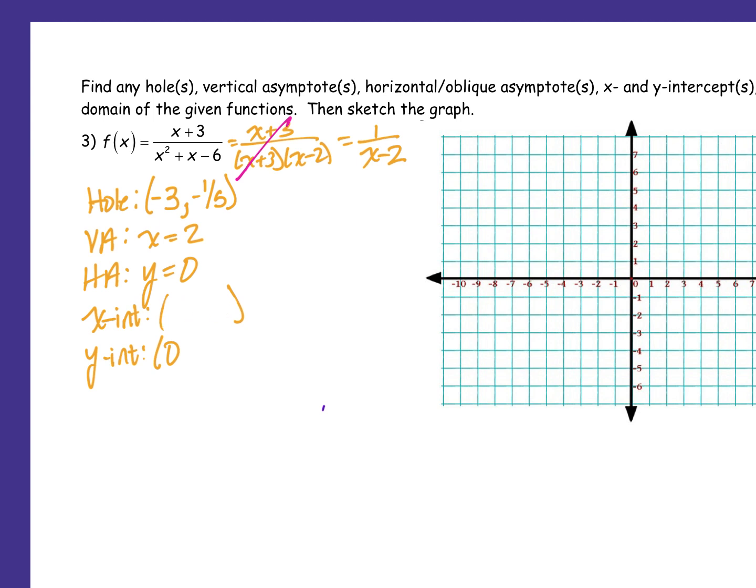Sorry. The y-intercept is 0, -1/2. So no x-intercept, none. There we go.